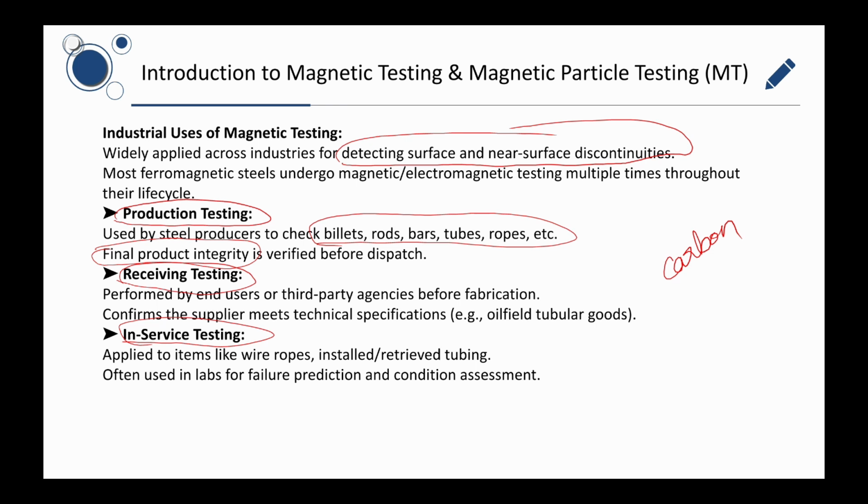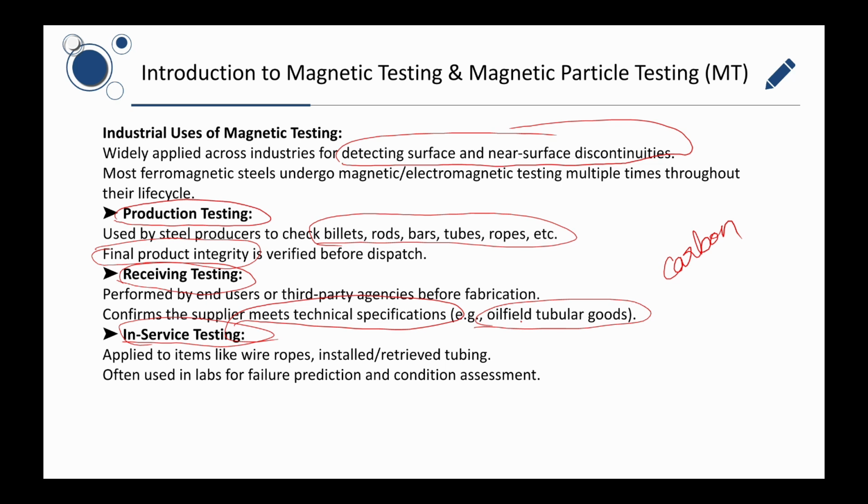It confirms the supplier meets the required technical specifications, codes or standards. It prevents defective materials from entering production lines. For example, a refinery receiving oil-filled tubular goods will perform MT on them to ensure they are free of cracks before welding into pipelines.